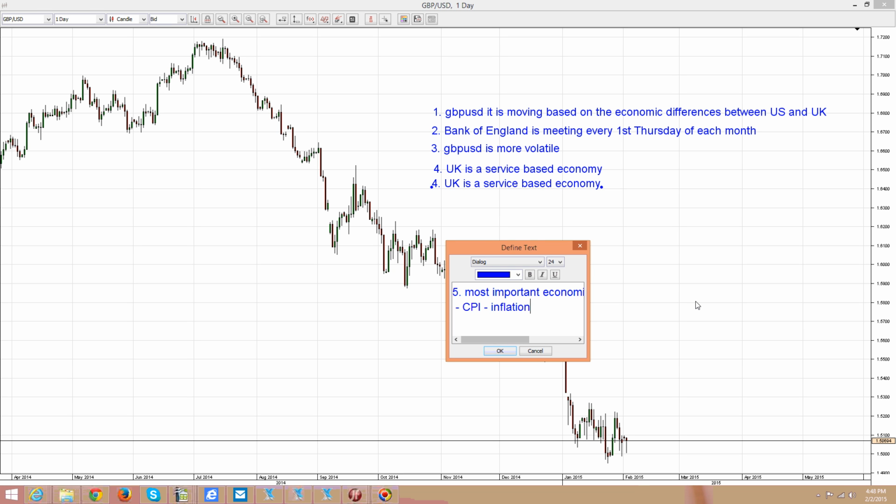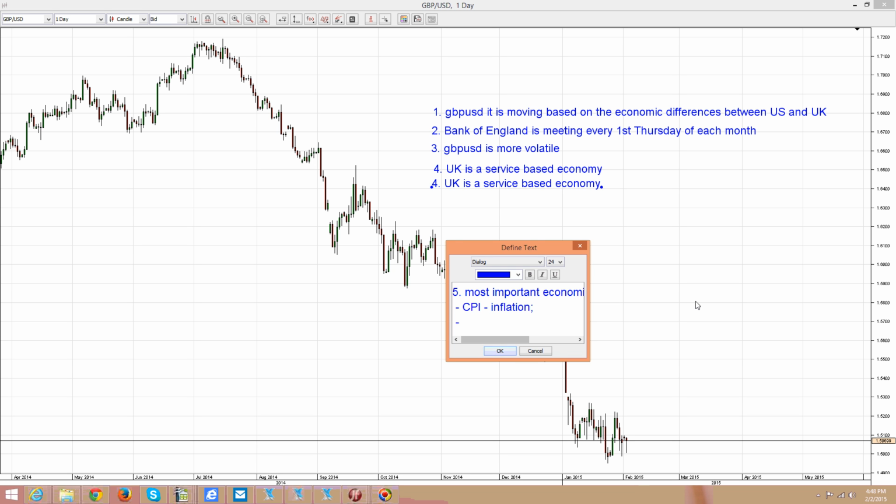The lower the inflation, the higher the chances that the central bank is going to ease the monetary policy. The higher the inflation, the higher the chances that the central bank is going to raise the rate. So inflation is number 1.